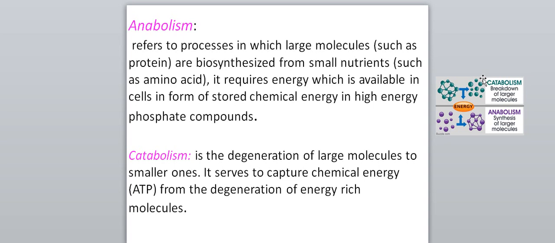It requires energy, and the energy available in the cell is in the form of stored chemical energy in a high energy phosphate compound, which is ATP. While catabolism is the degradation of large molecules to smaller ones, and it serves to capture chemical energy as ATP from the degradation of energy rich molecules. So anabolism requires energy, while catabolism releases energy.